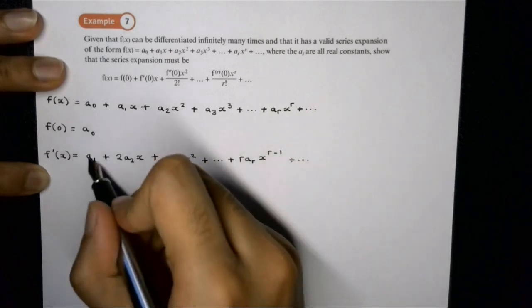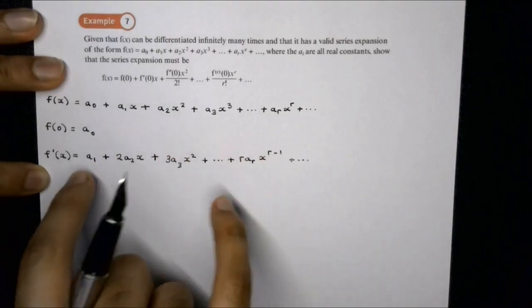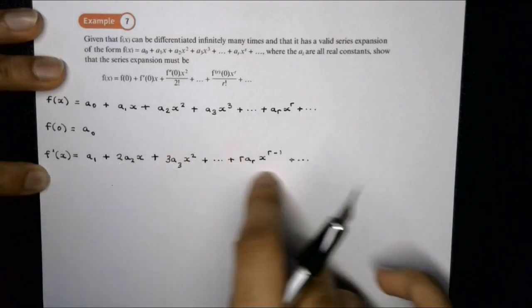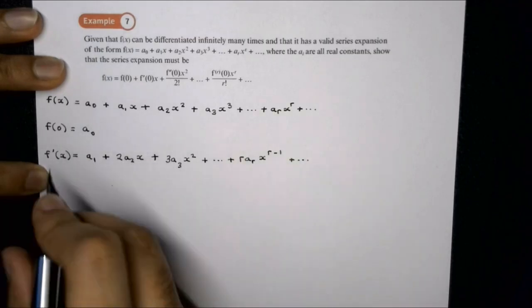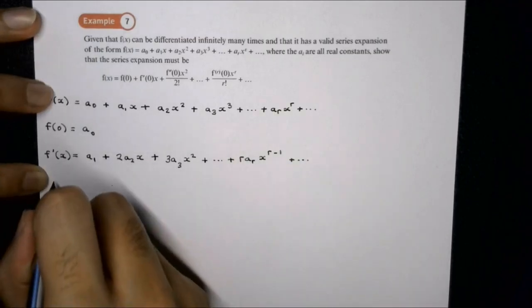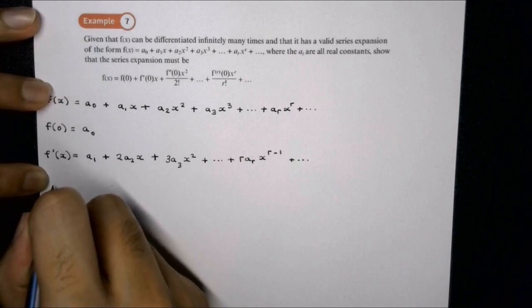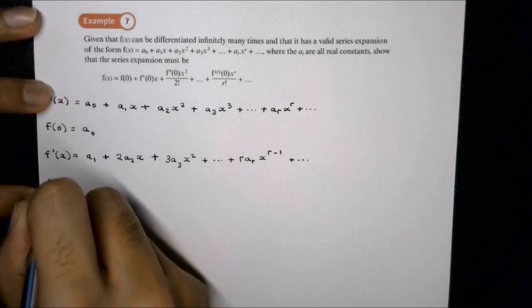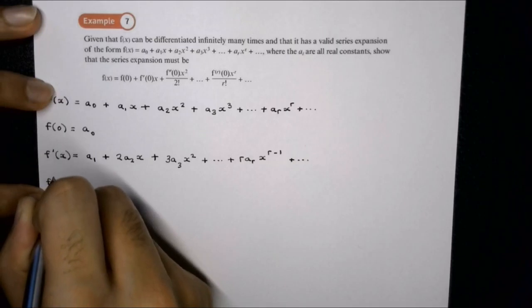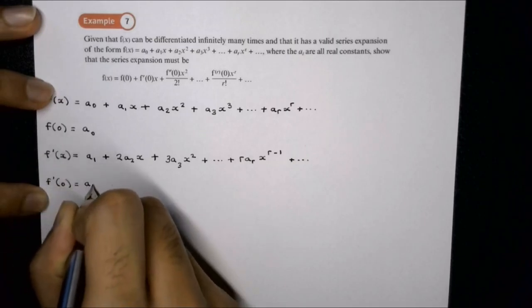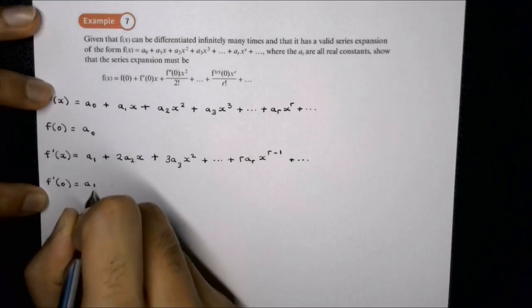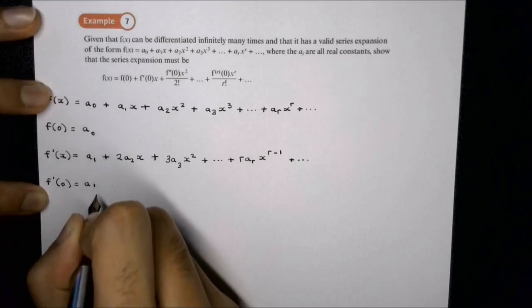And for us to find out what a1 is, if we substitute x equals 0 into this result, all these terms will disappear. We're left with a1. So therefore, what you can hopefully see from here, f dash of 0, that's equal to a1. Okay?